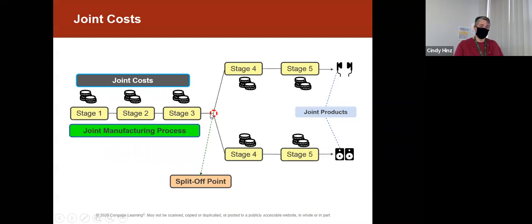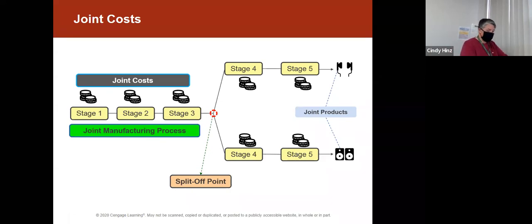So there's a split off point where we start working on them independently or separately. And so we can determine separately the cost of the 4th and 5th step for each of those products because they're different for the 2 products. But we have to have a way of taking these joint costs, the costs that are incurred for all of the products, and dividing them up across the products.